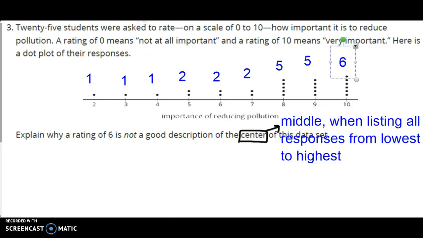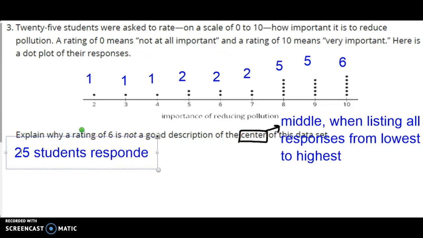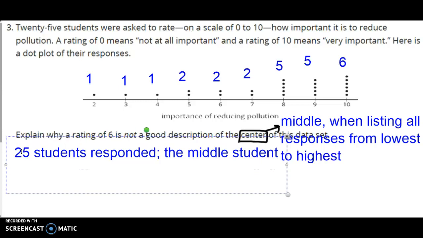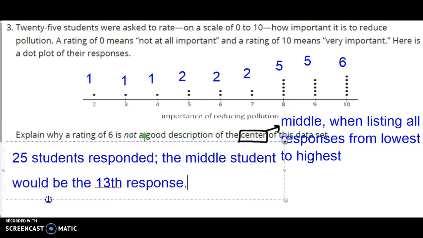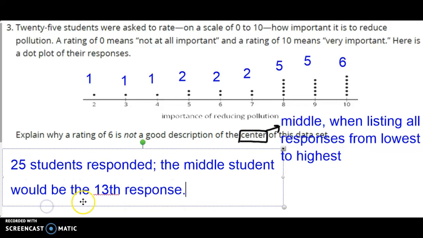So if I want to know the middle, I need to know how many people responded. 25 students responded. So if I were to rate the lowest to the highest, the middle student would be the 13th response, because 13 is the middle of 1 to 25.